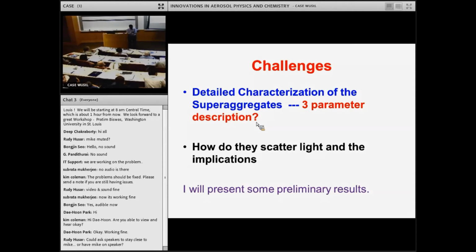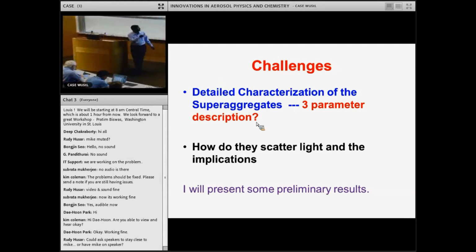So these are the 3 parameters that come in, and that's the way you can describe the 1.8 cluster. Can we describe super aggregates in this kind of 3-parameter description? And then the second challenge is how do they scatter light and also absorb light, and what are the implications of this for super aggregates?